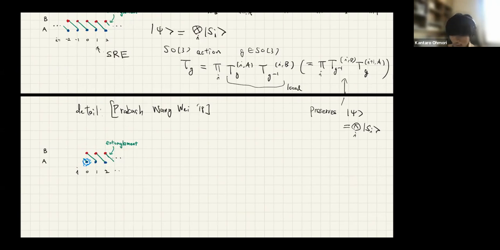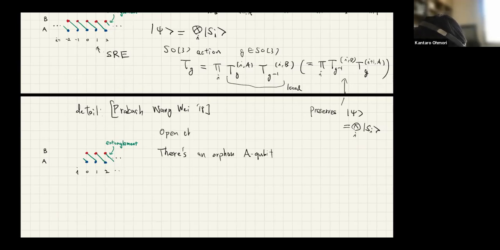So there's an open qubit, an A qubit, on the open chain, at the boundary.